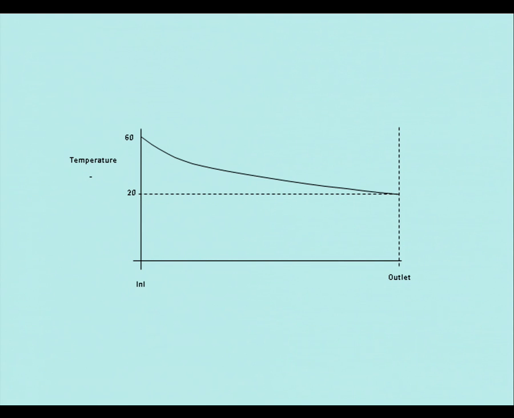You can get away with a higher U value. The higher the U value, the lower the level of insulation you need. Make sure you've got it the right way around. So the higher the U value, the less thermal insulation.